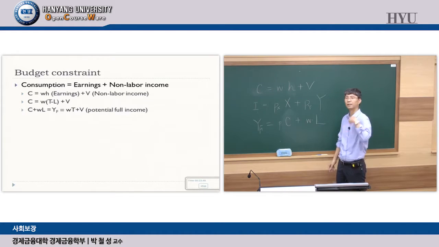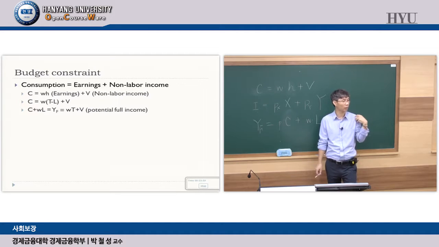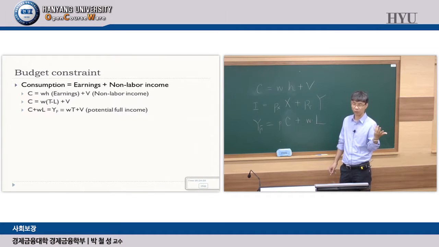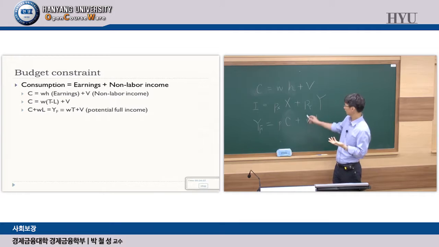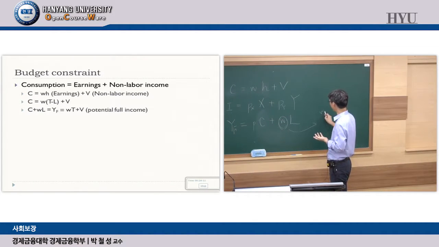Let's say my hourly wage rate is $10. Then you can say if I work for 1 hour, I earn $10. Or you can say if I spend 1 hour on my leisure, I will lose $10. Basically the same thing, right? Two sides of the same coin. So W is the wage rate, or you can say it's the price of leisure.